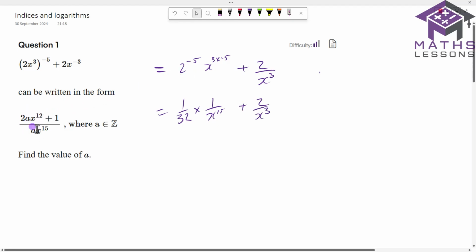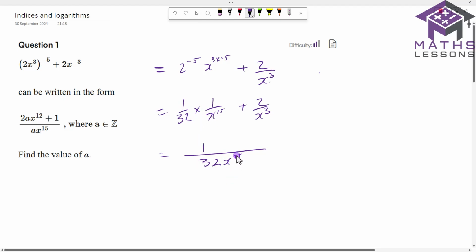And we want to write it all as one fraction. Well, let's just keep going. So we've got x to the 15, and at the moment we've got 32x to the 15 on the bottom. So we don't actually have to times top and bottom of this by anything to make it the same.